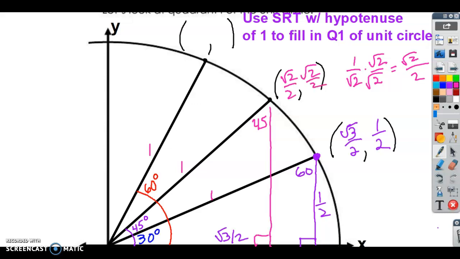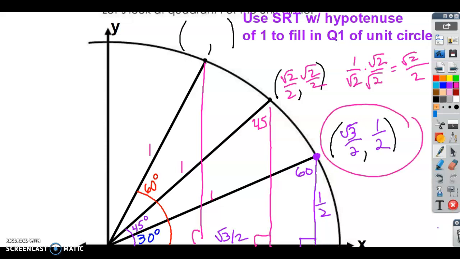And now this is a 30, 60, 90 triangle, but the x and the y coordinates have been flipped, right? Because now the short side and the long side have changed places. So this ordered pair has been switched to 1/2 and then √3/2.